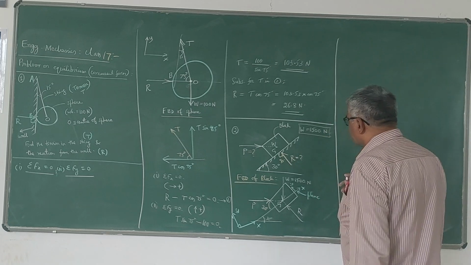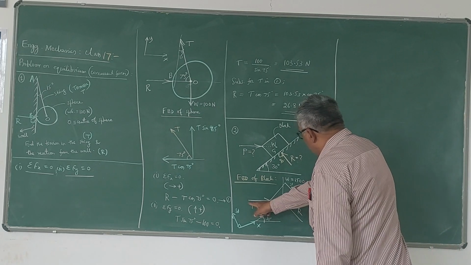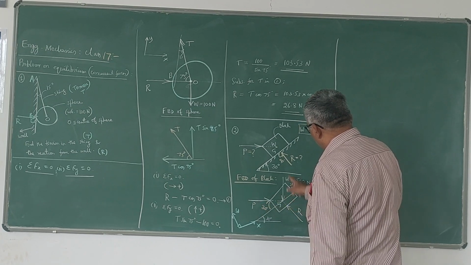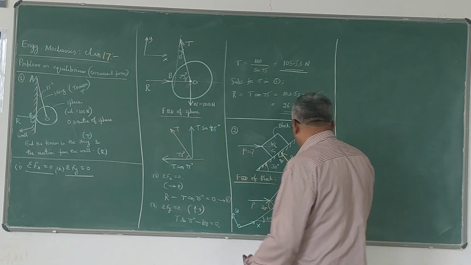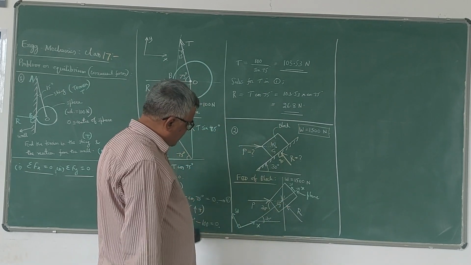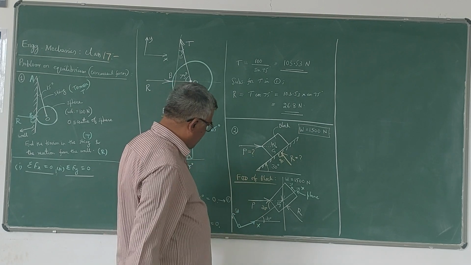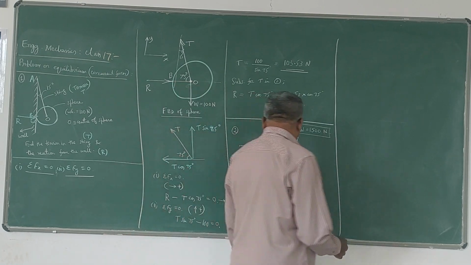Of course, this P is horizontal and this W is vertical. So this R we have to resolve. You can do it like this, or by taking global x and y axes also you can do it. Anyway, let us try both.